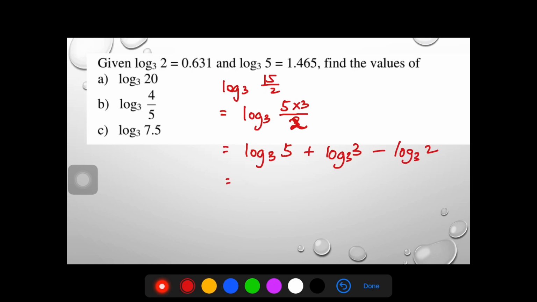Log base 3, 5 is 1.465 plus log base 3, 3 is 1 minus log base 3, 2, 0.631. So press your calculator. The answer will be 1.834.